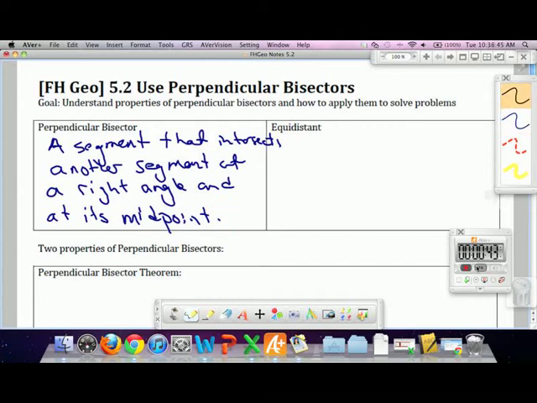Equidistant means equal distances from 2 points.